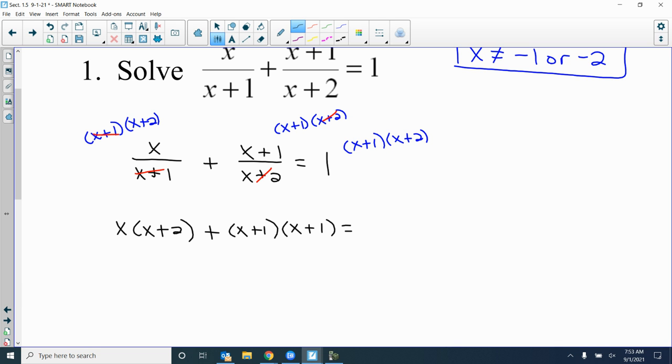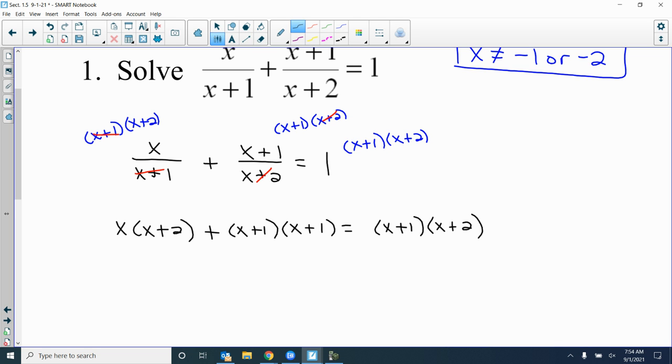And if there was another number like a 7, you'd have to multiply that 7 by the x plus 1, x plus 2, but the 1's just there. And so this is just going to be 1 times x plus 1 times x plus 2. Well, since that 1 really doesn't affect anything, I'm just going to get rid of it. That's not going to hurt anything.